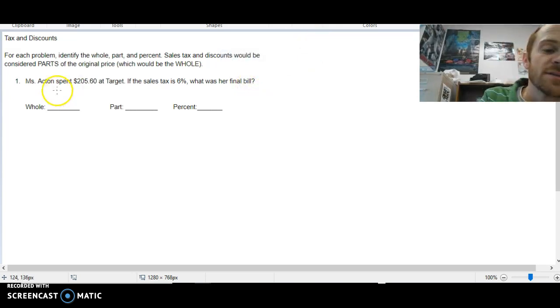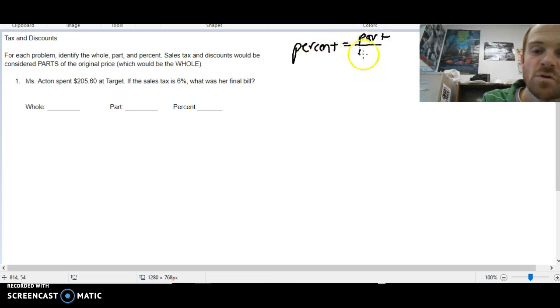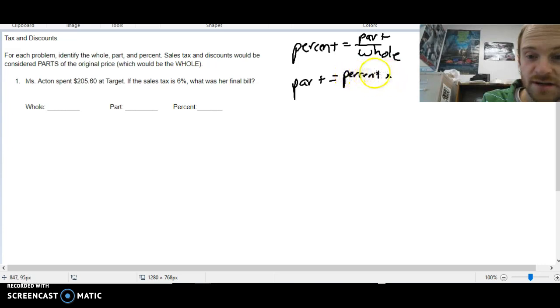So I'm going to look at these numbers, and remembering my equations, that percent is equal to part over whole. Okay, or part is equal to percent times whole.